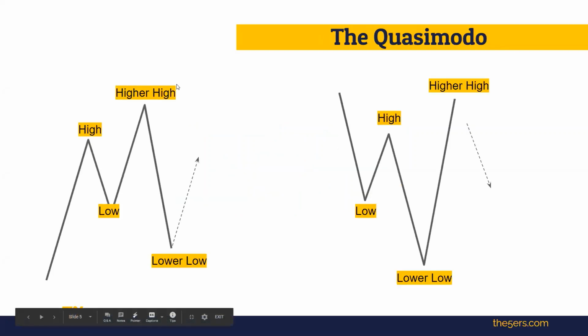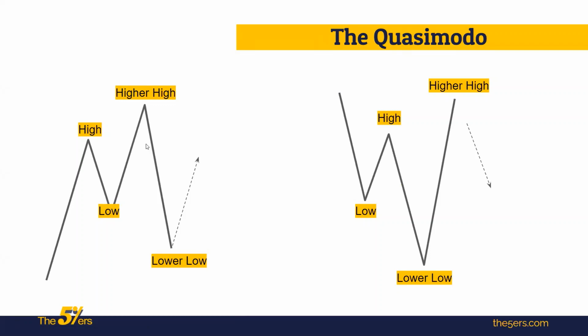Okay? So what are we looking for in terms of price pattern? We call this pattern the Quasimodo pattern. Why? Because it's very similar to head and shoulders.